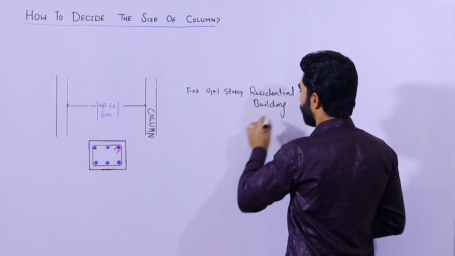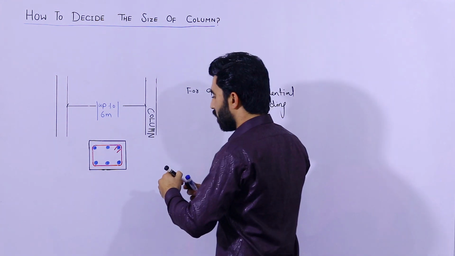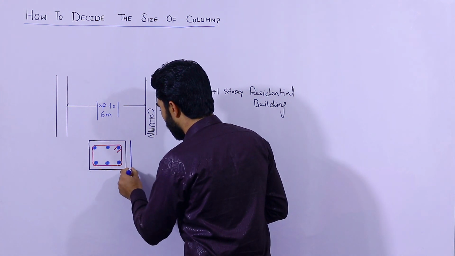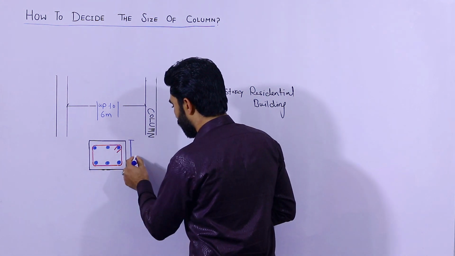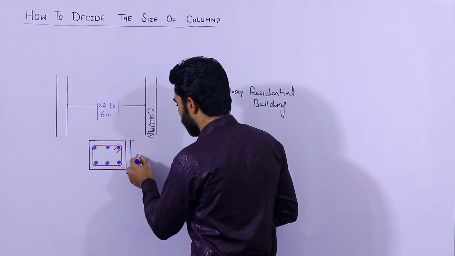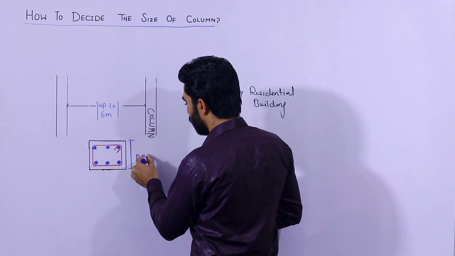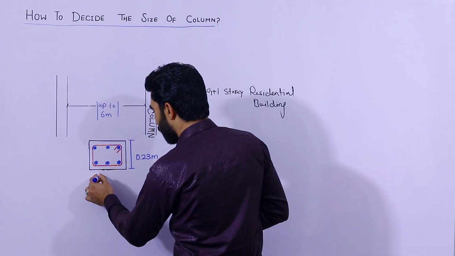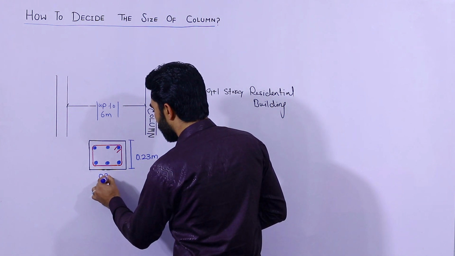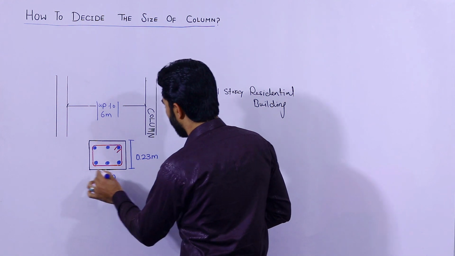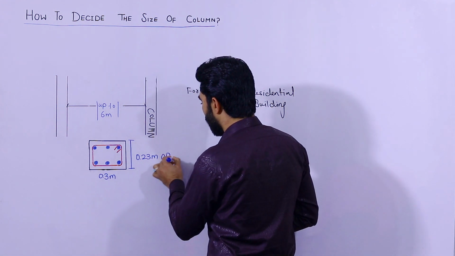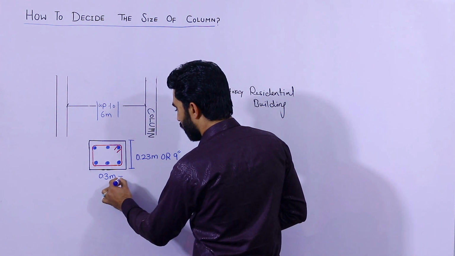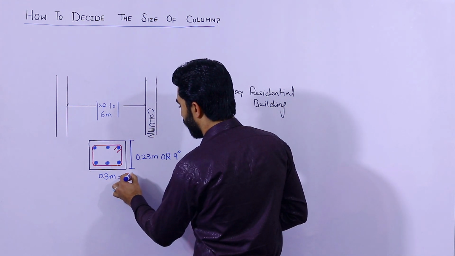Okay, so the size of the column should be not less than 0.23 meter by 0.3 meter, or you can say simply 9 inch by 12 inches. It should not be less than this.